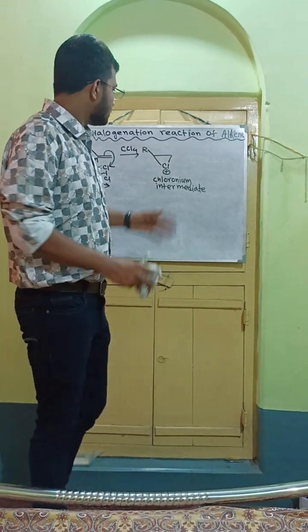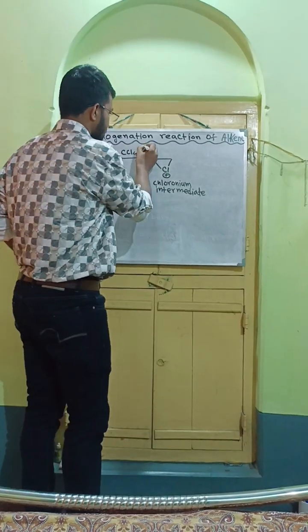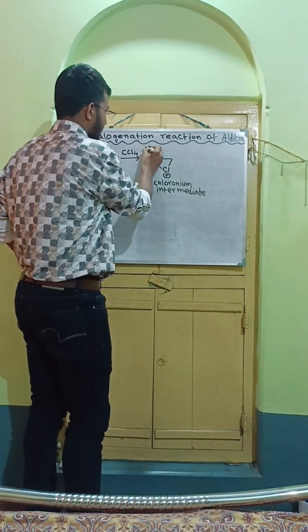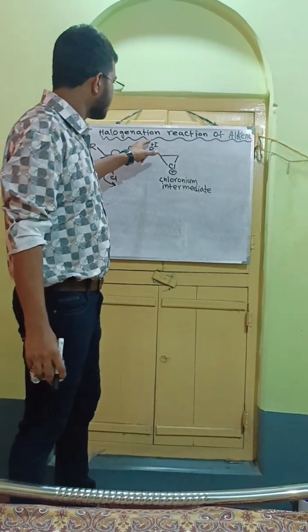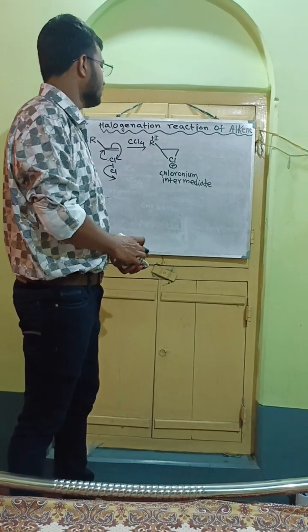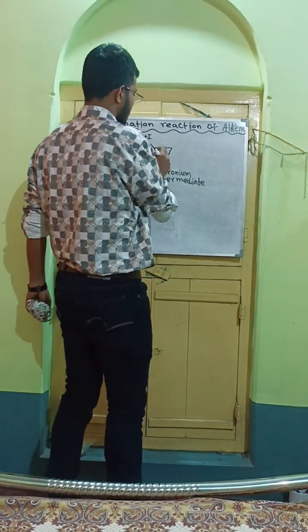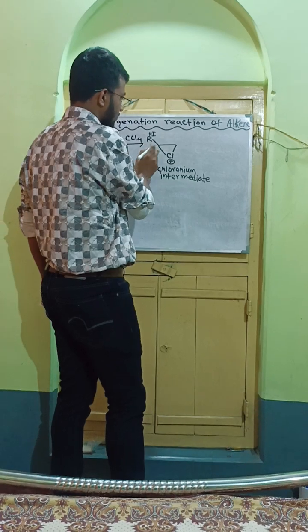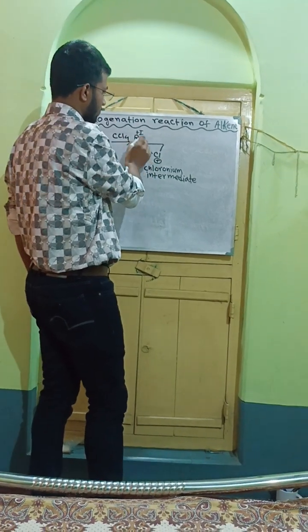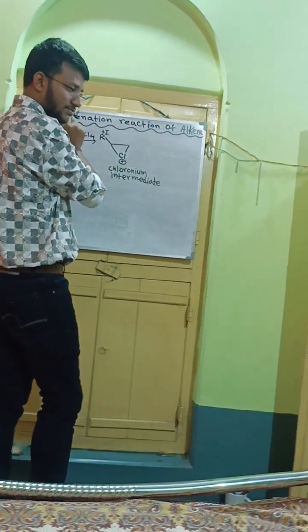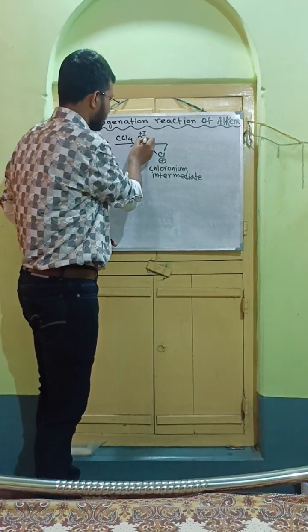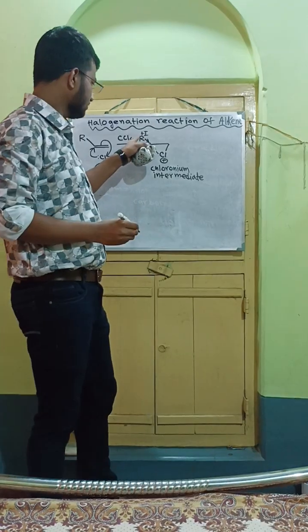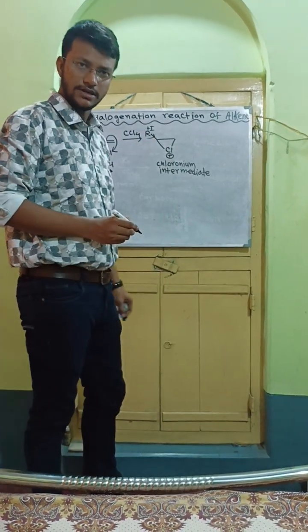Okay, as you can see, R is a plus I effect group, that is an alkyl group, right? If an alkyl group is attached to this carbon, then the positive charge will be more stabilized by this carbon, right? As for the plus I effect, it will donate electron pair to this carbon, right?